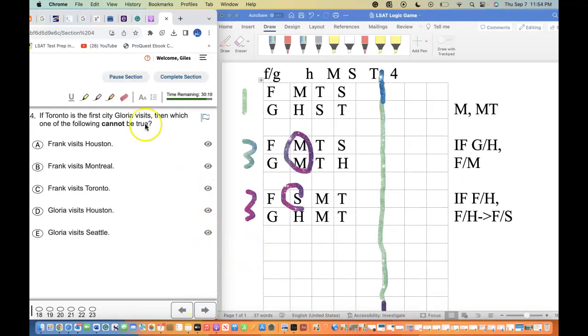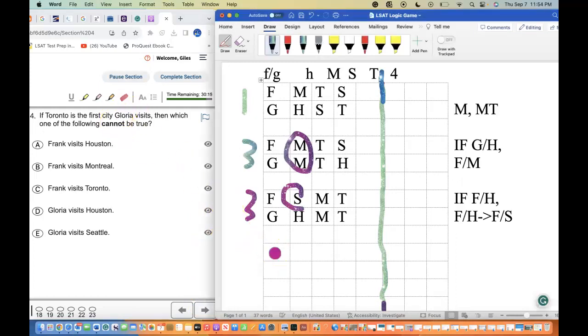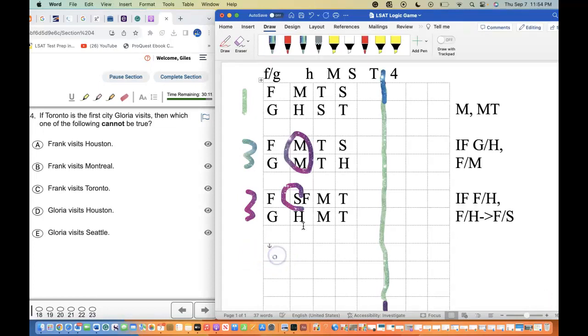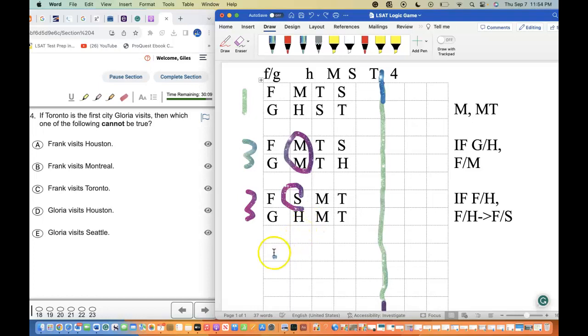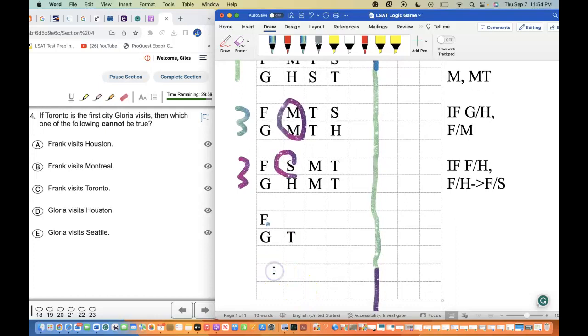Here comes question 4. If Toronto is the first city Gloria visits, so I put F here, G here, and then I'm going to put T as the first city. And I'm going to put another F here, another G here, and put T symbolizing the first city.